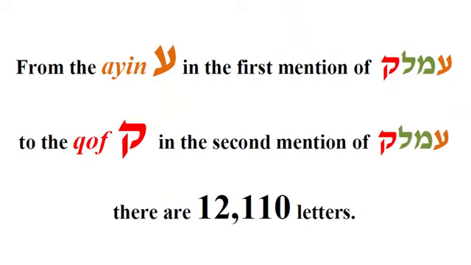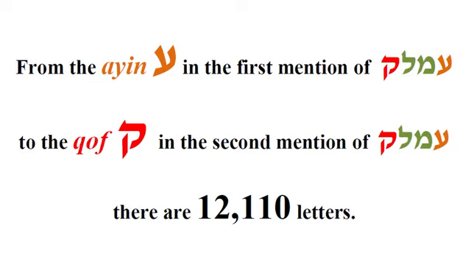I showed you the first mention of Amalek, by the way, was back in Genesis 14:7. The second mention of Amalek was this one in Genesis 36:12. This is pretty cool here. If you start with the first mention of Amalek, take the Ayin, because Amalek's name is Ayin Mem Lamed Kuf. Start at the first Ayin of Amalek, and count the number of letters until you get to the final Kuf of the second mention of Amalek.